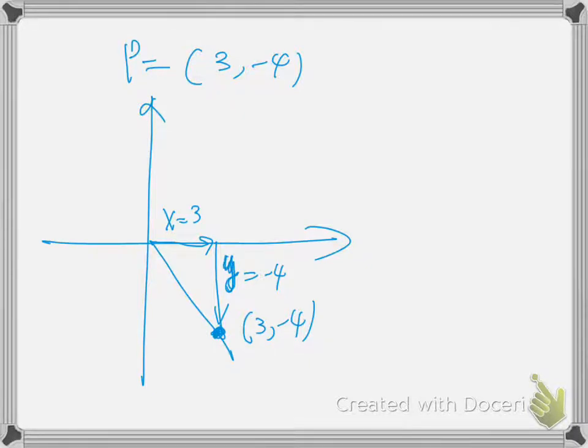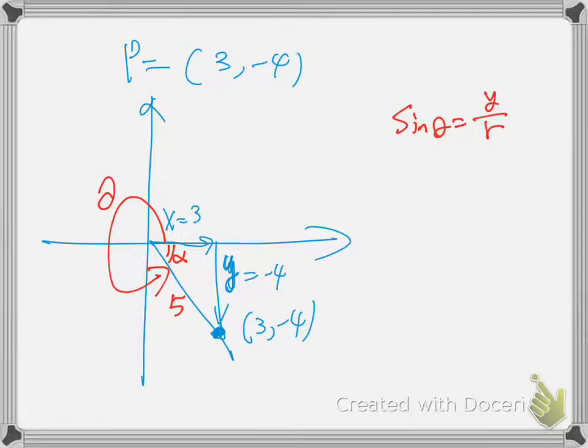So this is the angle theta, and this angle is the reference angle alpha. Now what's the opposite side? It's y, right? So sine theta is y over r. The hypotenuse is also r. So this is 3, 4, 5 again.